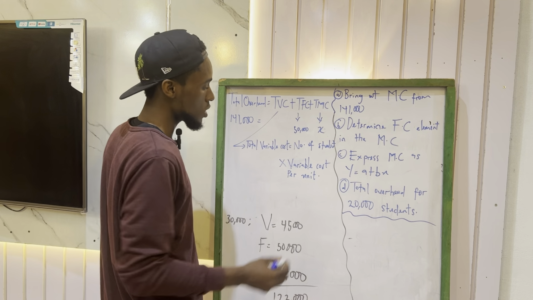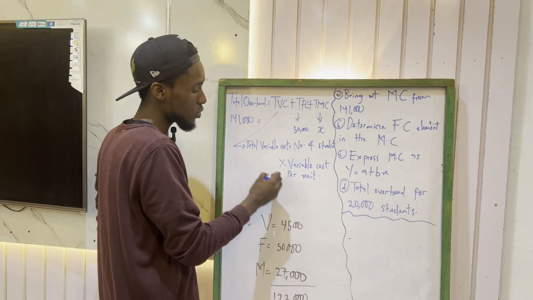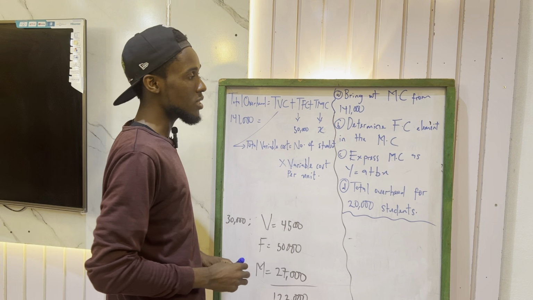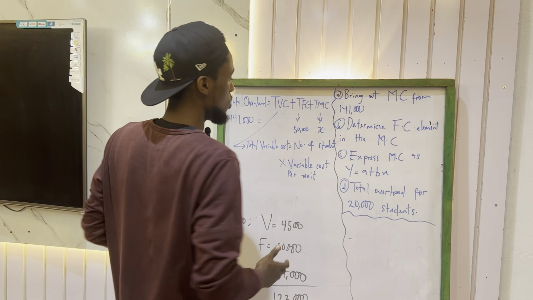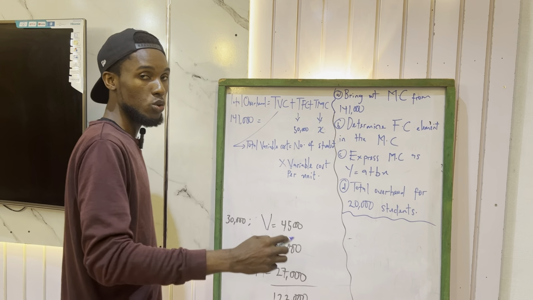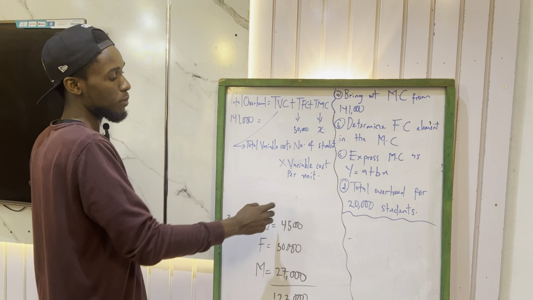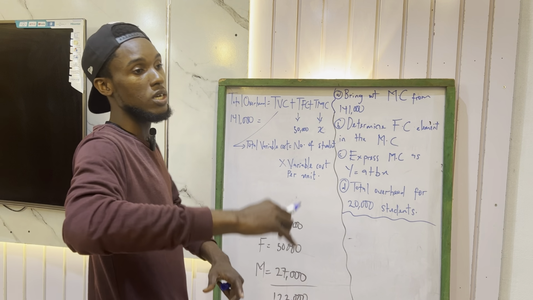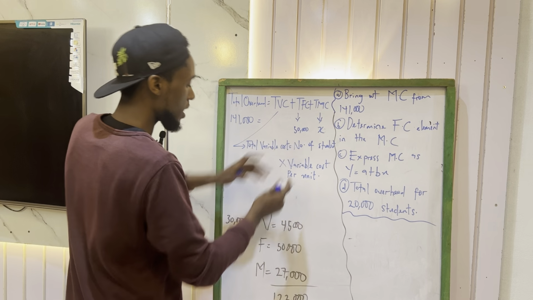So what we need to do is, we will need to go and obtain the variable cost per unit, which is the same in both the high side and the low side. So yes, we will still come and use this one, the variable cost for the low side. We'll obtain the variable cost per unit, which is fixed for both the high and the low. Then we'll return it back here.